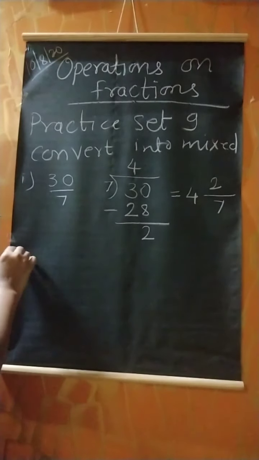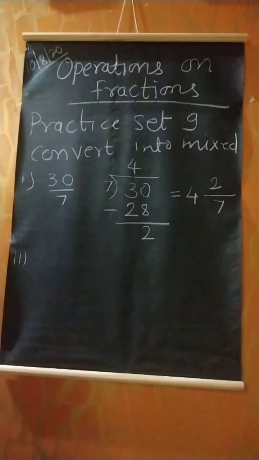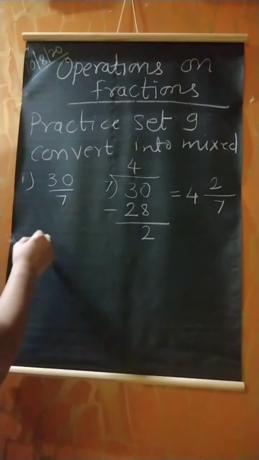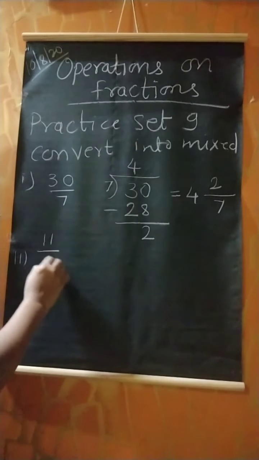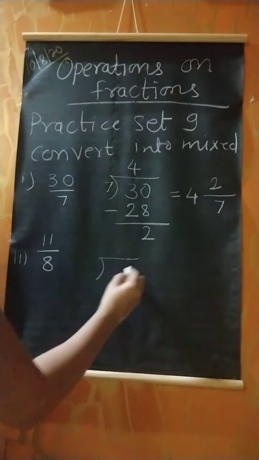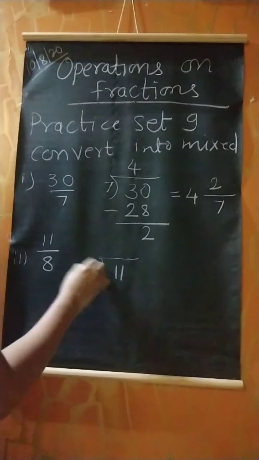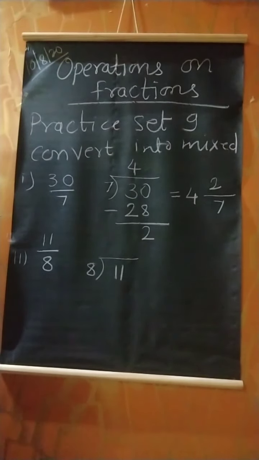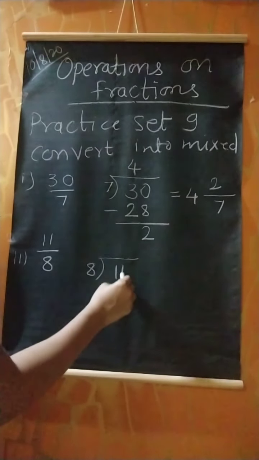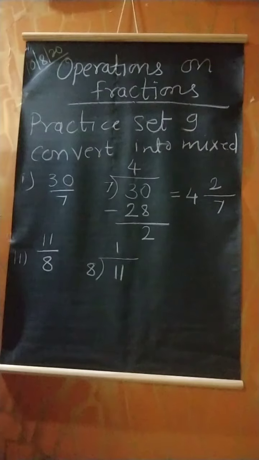Then next, 11 upon 8. 11 divided by 8. In this case also, 11 is not coming in the table of 8. What is the smaller number? 8 only. So write 1, which is on the place 1.